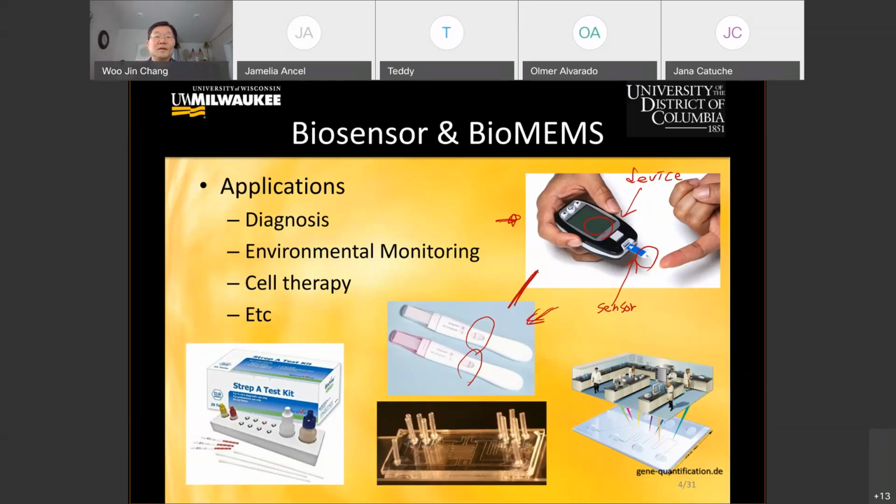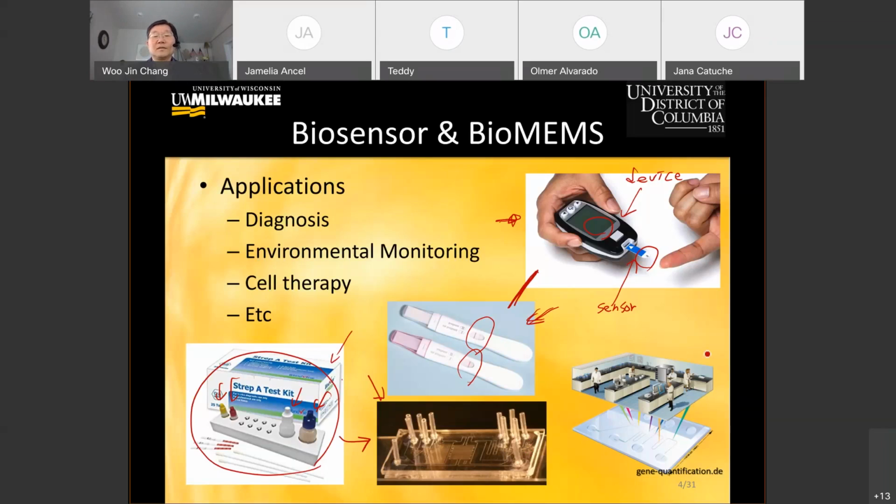And frequently, the detection is not quite simple. So in that case, I need to use multiple samples and multiple steps to do the testing. So that type of detection is also available. And because of that, this type of device that can do the multiple treatments required in this testing kit is integrated in one device.